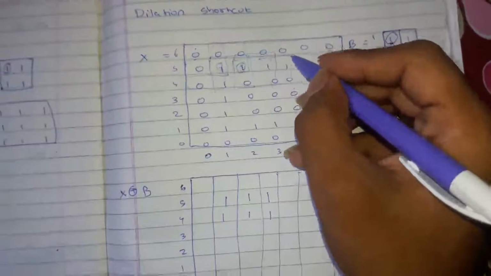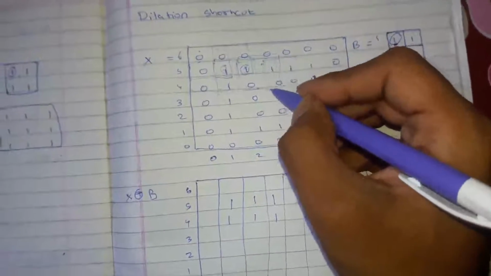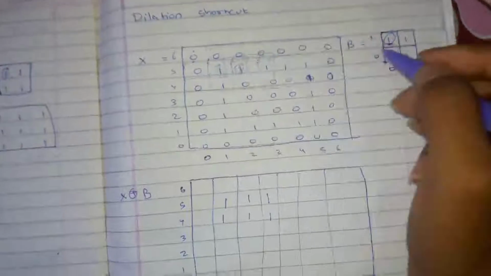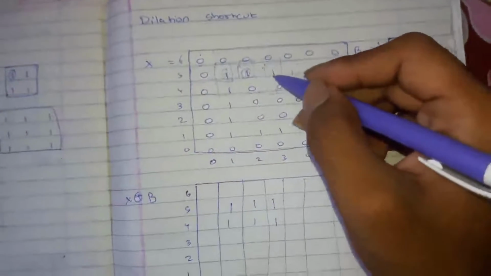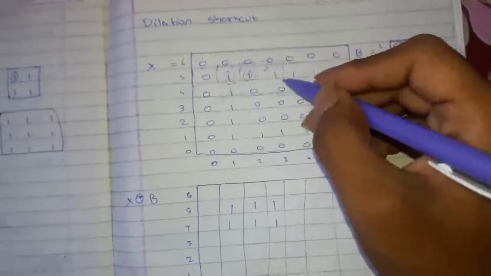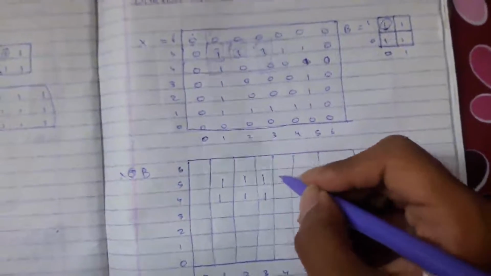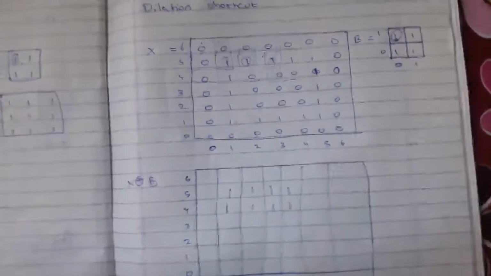Same thing, when I place my structuring element over here, I am at 3 5. My structuring element is at position 3 5. Again there is a 1. I replace the region at 3 5.